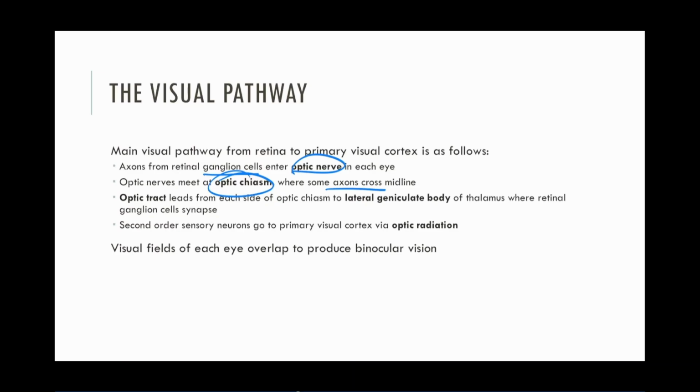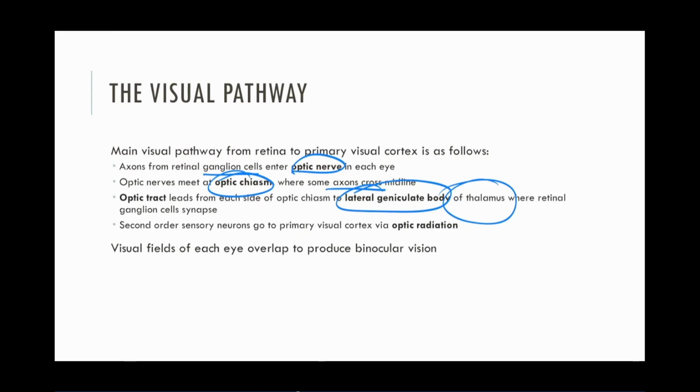The optic tract leaves this optic chiasm into the lateral geniculate nucleus of the thalamus. Remember we said last week, all sensory has to go through the thalamus.